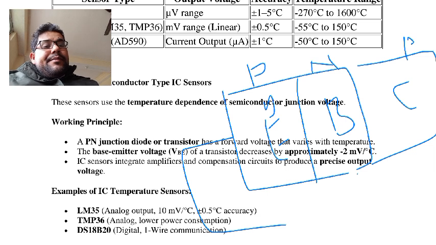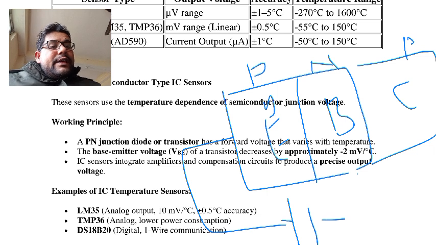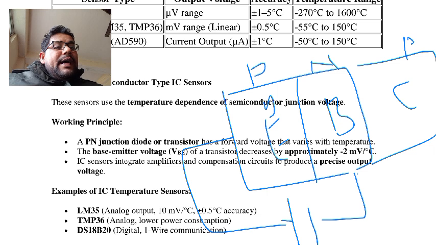The P type must be connected to the positive of the battery and the N type must be connected to the negative. Another supply is connected, positive and negative.